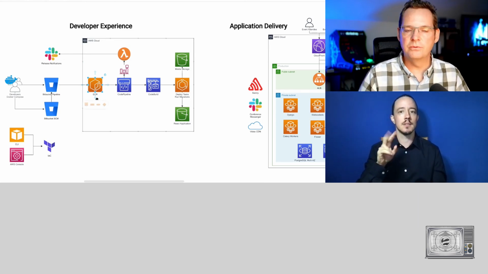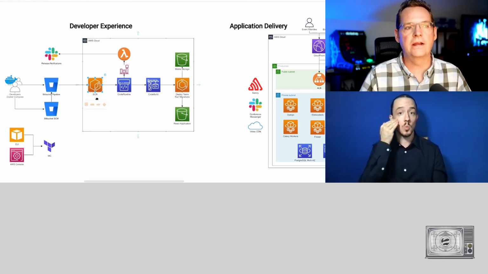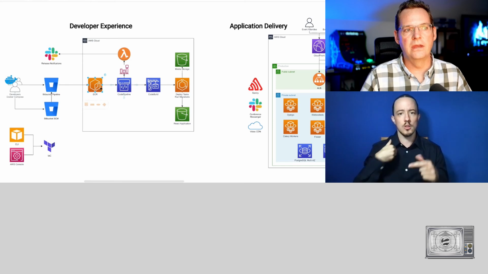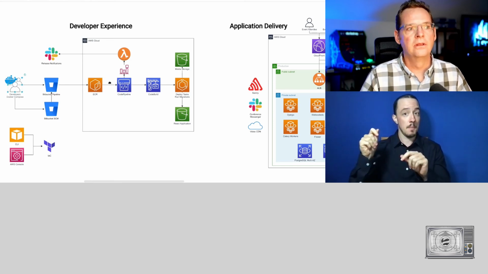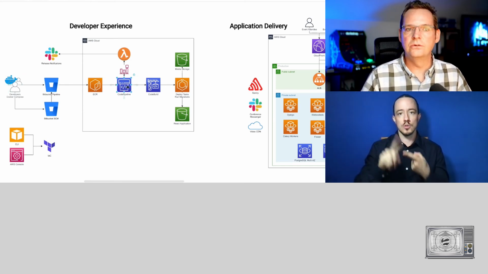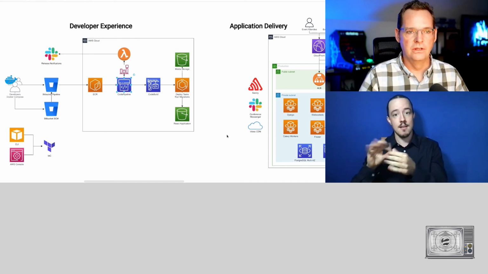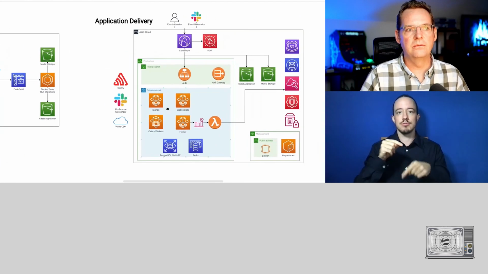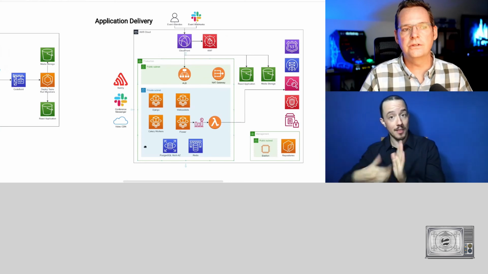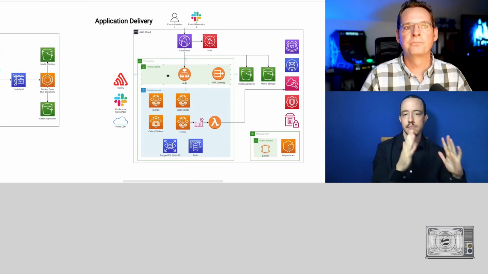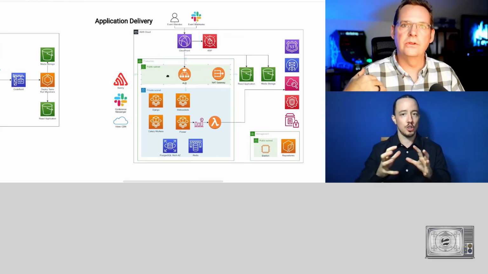So if you knew a specific Git hash you wanted to roll back to, you can issue that command as a developer to CodePipeline to roll back to a specific version, and that would roll back all the images in the whole Fargate cluster, because they're all managed as one cluster. And then Fargate manages rolling those back for you.